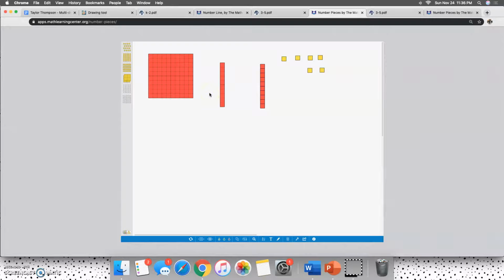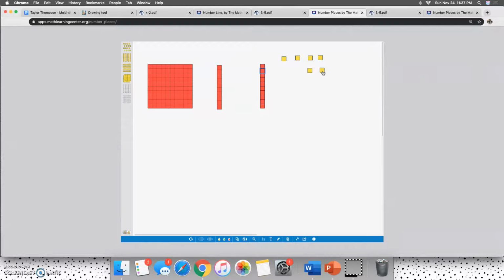So now all we need to do is recount to find our total, considering this is a separate result unknown problem. So what we're going to do is recount. 1 flat, which is 100, plus 2 rods, which is, well, this one's broken apart, but 100 plus 2 rods, which will be 10, 20, so 120, 121, 122, 123, 124, 125, 126.